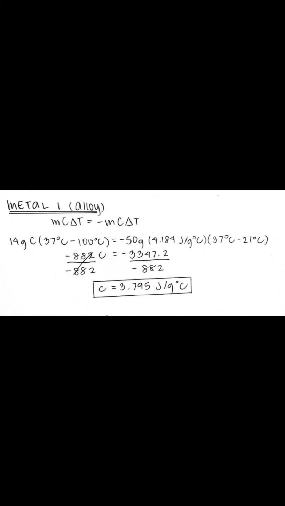37 minus 21, which is 16, times negative 50. So we have negative 800 times 4.184, which is, so we cancel the negative 882, and the remaining is negative 3,347.2 and negative 882.